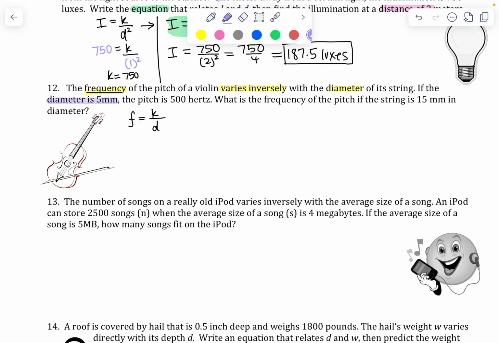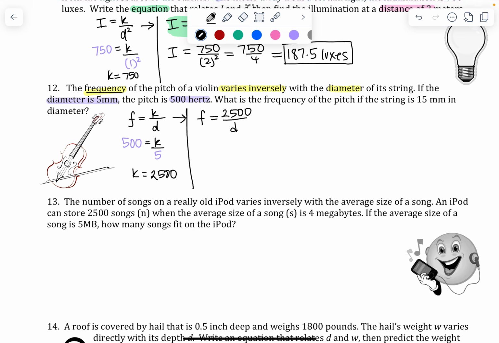Diameter is 5 millimeters. Pitch is 500 hertz. It's enough information to find K. And so we multiply both sides by 5. We get K equals 2,500. And so our equation is F equals 2,500 over D.